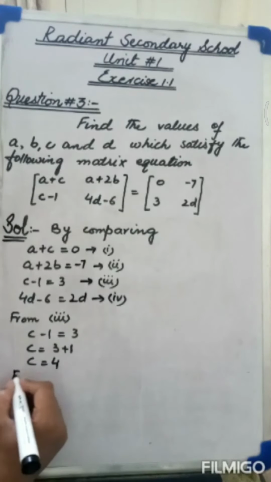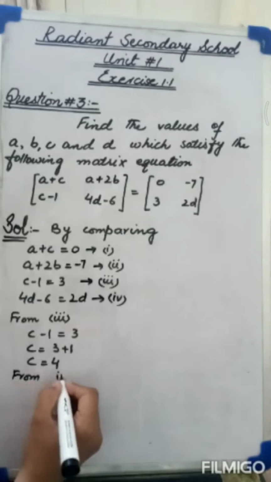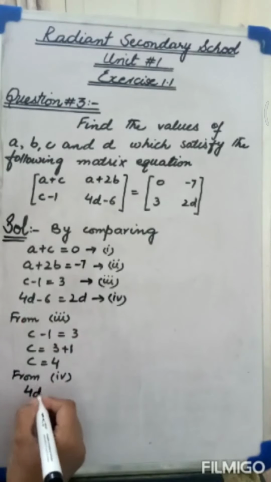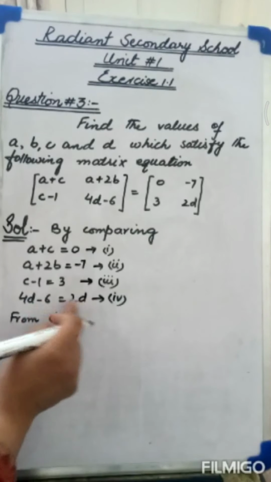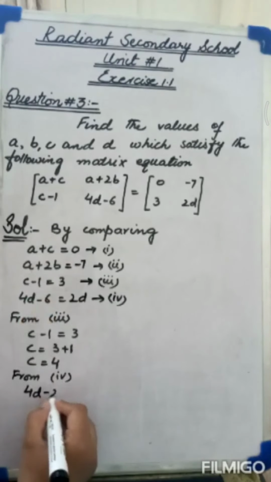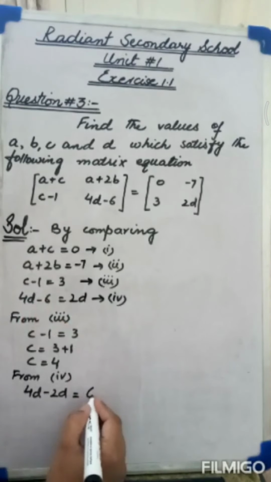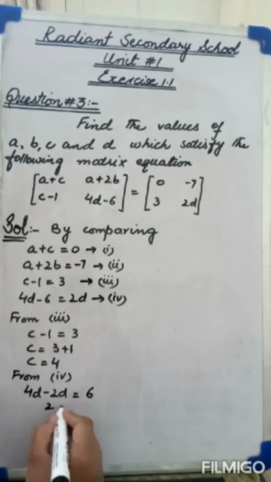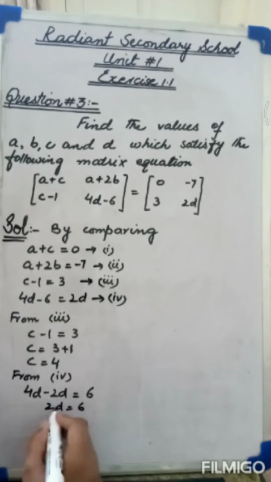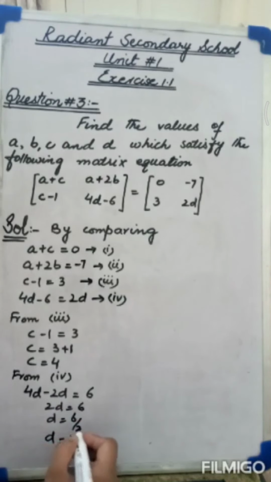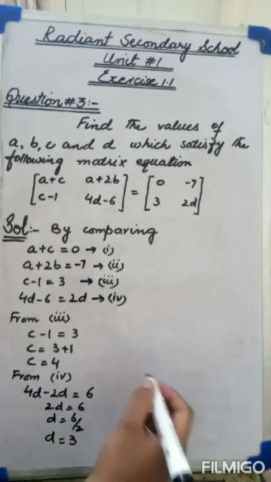Now from equation 4, we can find the value of D. 4D and 2D, it will become minus 2D on this side, and this is minus 6 on the other side, it will be plus 6. So 4D minus 2D equals 6, and 2D equals 6. So D equals 6 by 2, that is equal to 3. Clear?